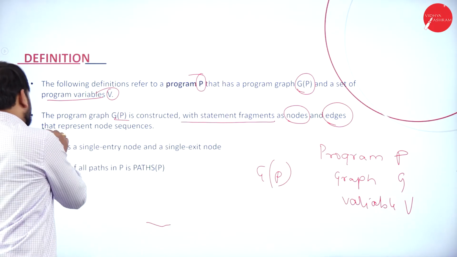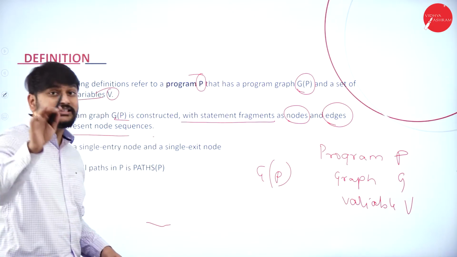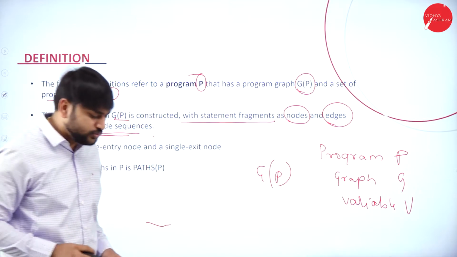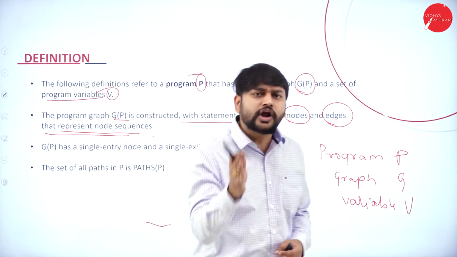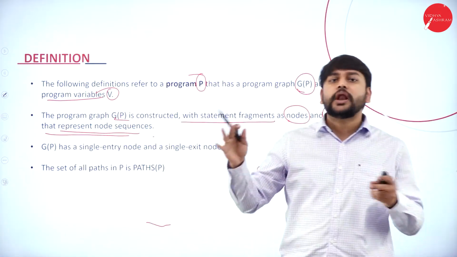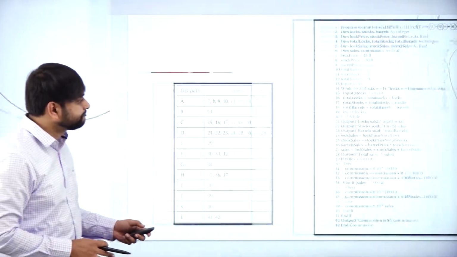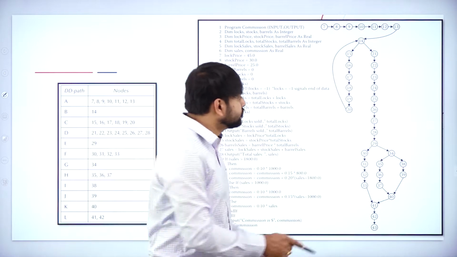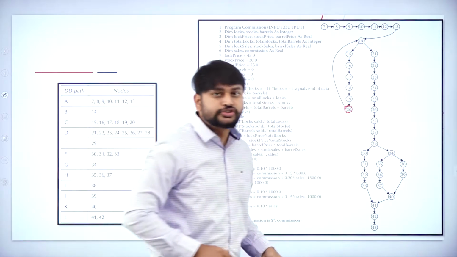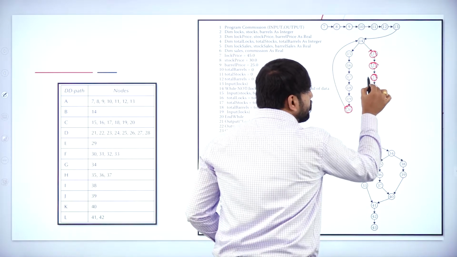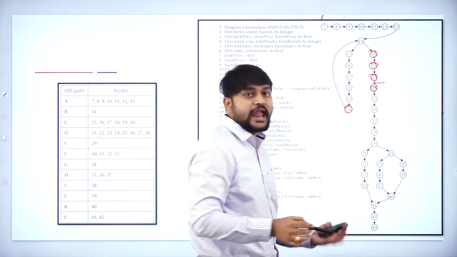Please remember one more point, the representation of node sequence. One after the other, you will have the nodes. So this is your graph, this is what I will call nodes, and this is what I will call edges.